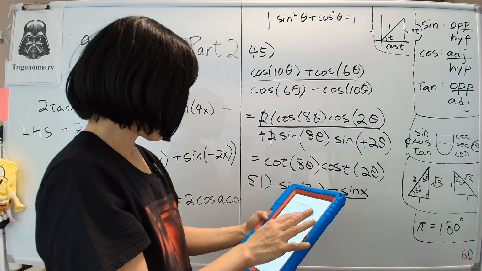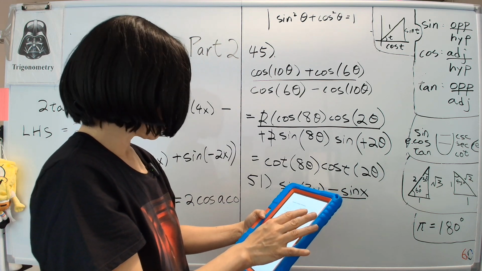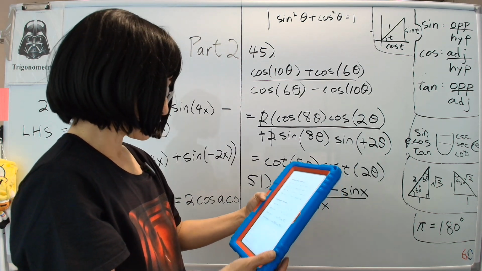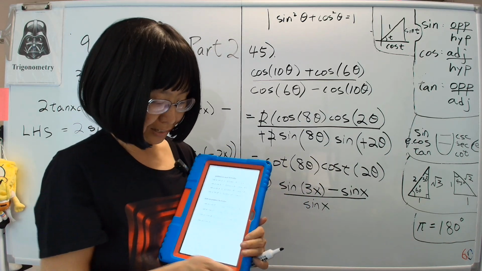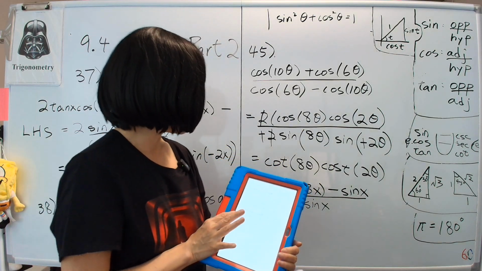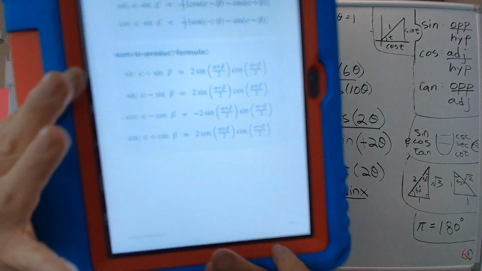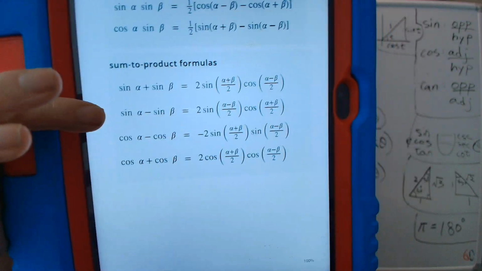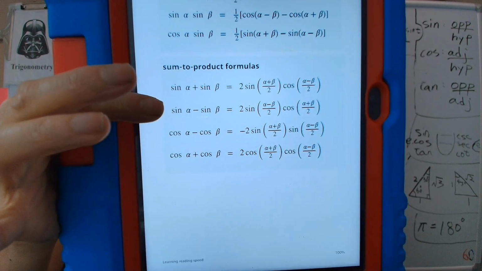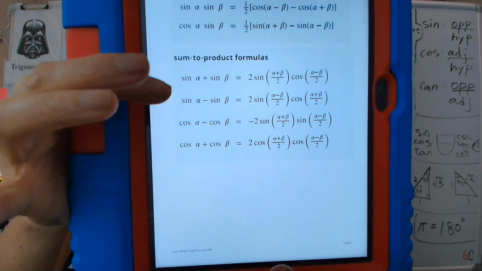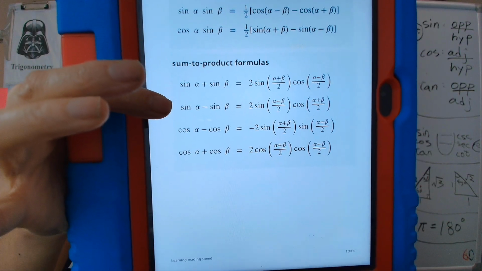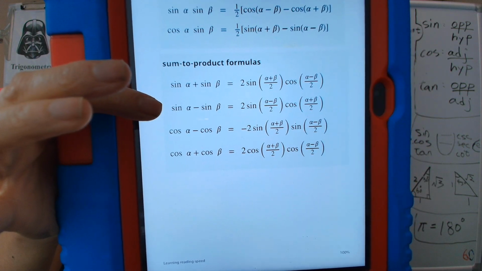Oh no, this is the wrong formula, but it might work out anyway. Yeah, it does. Okay, so let's do this one right here, where we have sine alpha minus sine beta, which equals 2 times sine of the difference and then cosine of the sum.